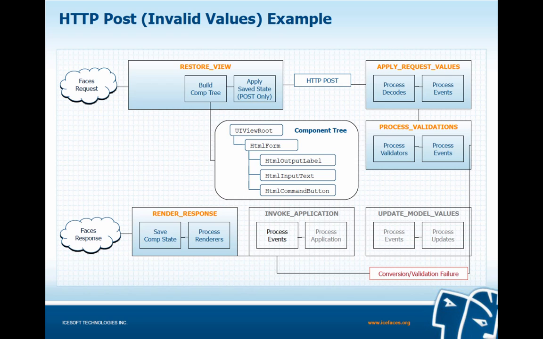So the process validations phase will create a faces message, add that to the faces context indicating an invalid value, and we're going to transition directly to the render response phase, and of course render a response back to the client indicating a converter or validator issue.